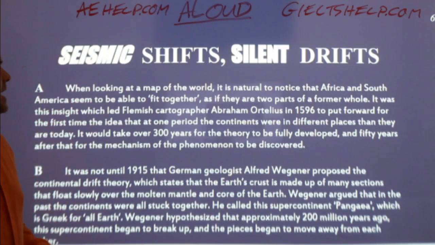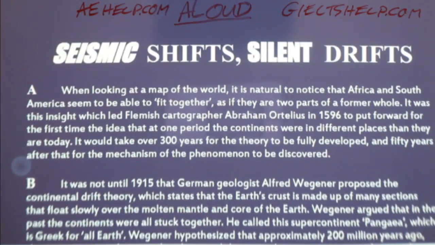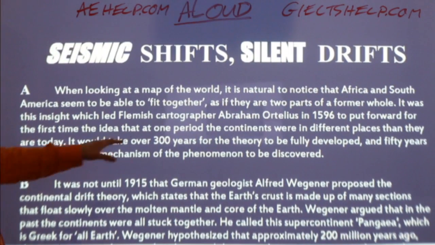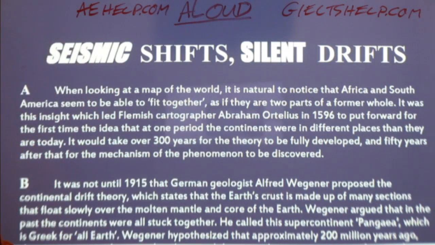Seismic shifts, silent drifts. When looking at a map of the world, it is natural to notice that Africa and South America seem to be able to fit together as if they are two parts of a former whole.